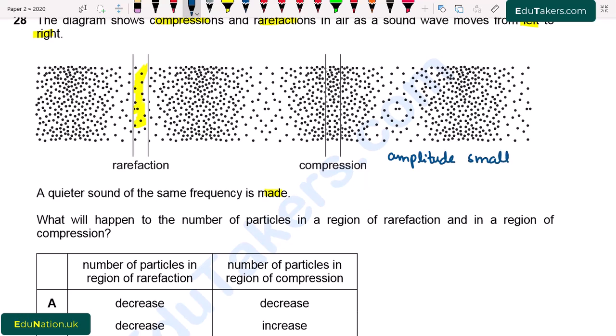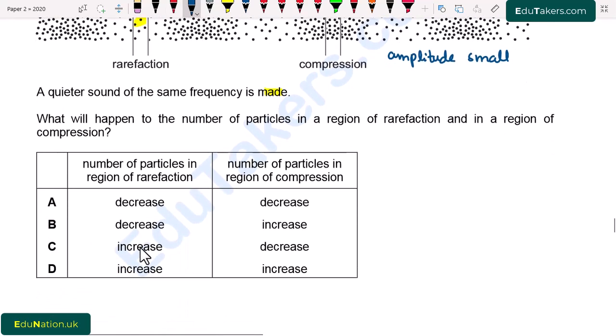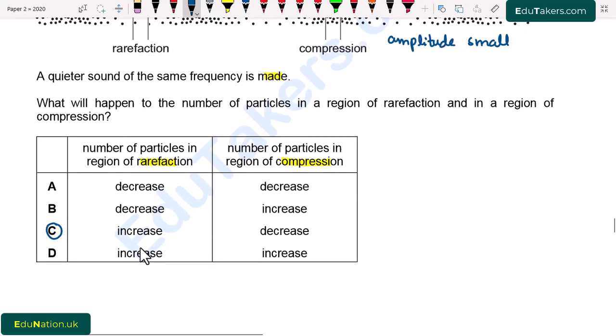When the amplitude is small, in the rarefaction the number of particles increases, but in the compression the number of particles decreases. So from here, option C is correct, which shows that the number of particles in rarefaction increases, but the number of particles in the region of compression decreases.